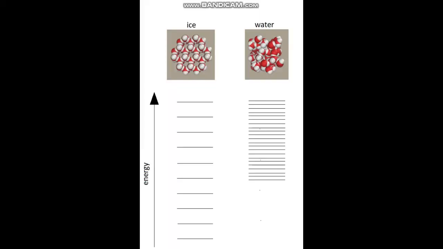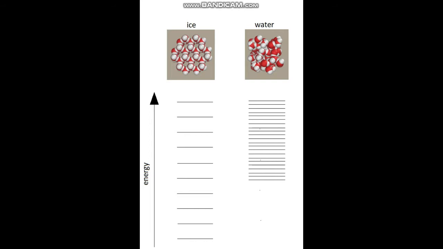Remember that every time a bond is formed, any kind of bond, including hydrogen bonds, which is what we're mainly concerned with here, energy is released. And that means that the system containing those bonds moves to a state of lower energy, because the energy's been lost as heat.